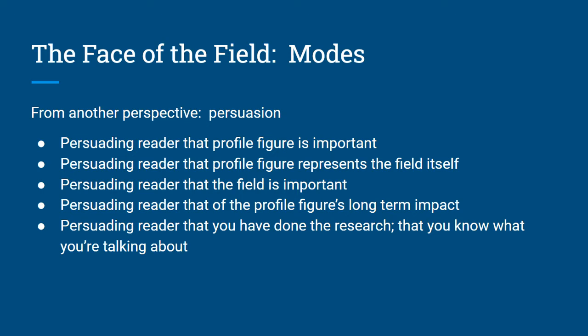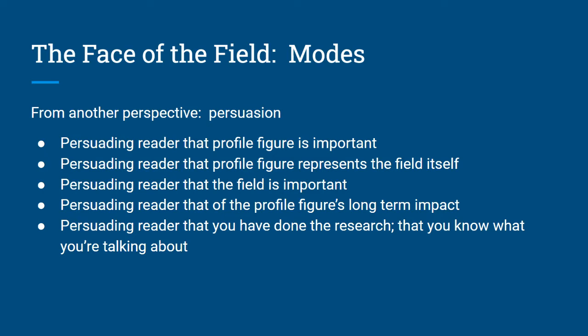From another perspective, though, really every single thing we do in this essay is persuasion of some sort. We are persuading the reader that our profile figure is important. We're persuading the reader that our profile figure represents the field itself. We're persuading the reader of the importance of the field itself. We are persuading the reader that the profile figure's long term impact will be felt.